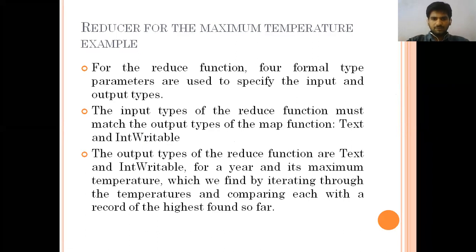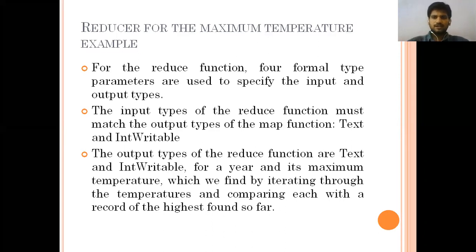So the output types of the reduce function are Text and IntWritable, the year and its maximum temperature, which we find by iterating through the temperatures and comparing each with the others, keeping a record of the highest found so far.